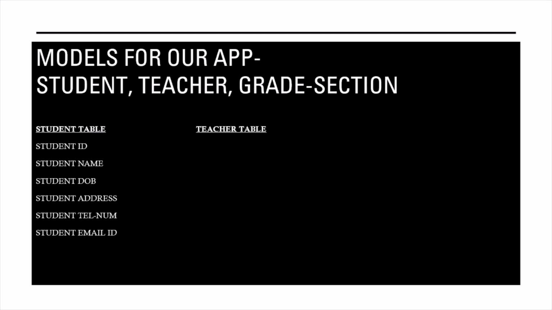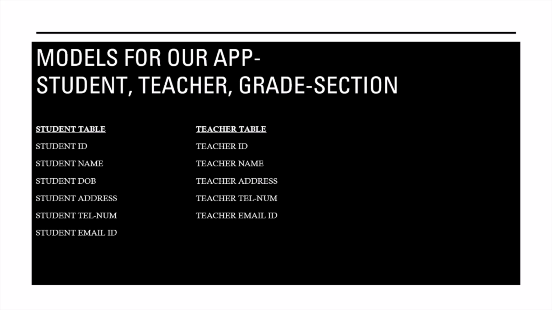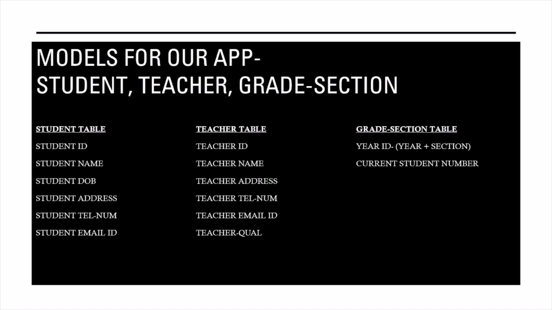Teacher table is going to have the teacher ID, teacher name, address, telephone number, email ID, and qualification, or you can call it background. And this is where we will use the text field. We then have the grade section table where we'll have the year ID, and then we have current student number and max permitted students.